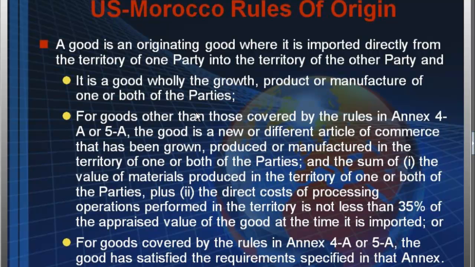So under any free trade agreement, to be eligible, you want an originating good. It is imported directly from the territory of one party into the territory of another party. So if you have a good, as I mentioned before, U.S.-Singapore, we have a free trade agreement.